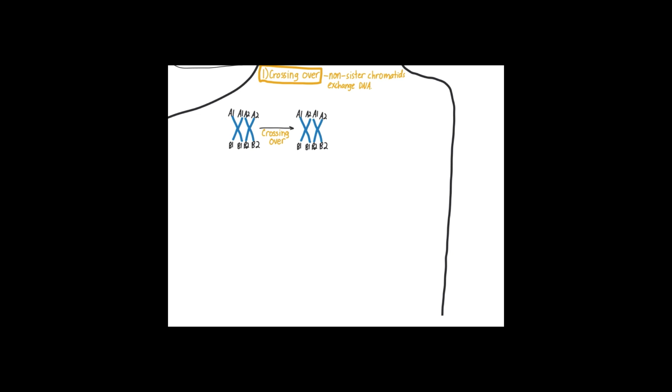Before crossing over, we had two chromatids that had an A1 allele and a B1 allele, and two chromatids that had an A2 allele and a B2 allele.